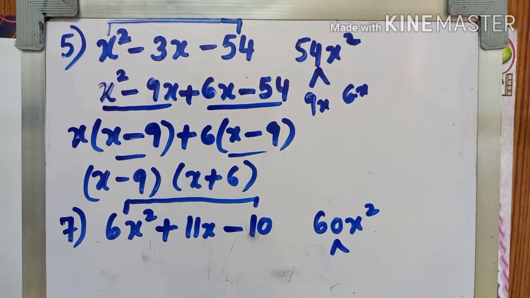Now you have to find two terms in such a way that when you multiply them you get 60, and when you add or subtract them you get 11x. So what is 60? First of all, 6 tens is 60.